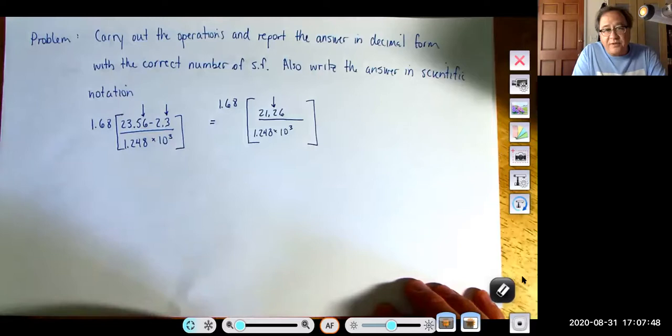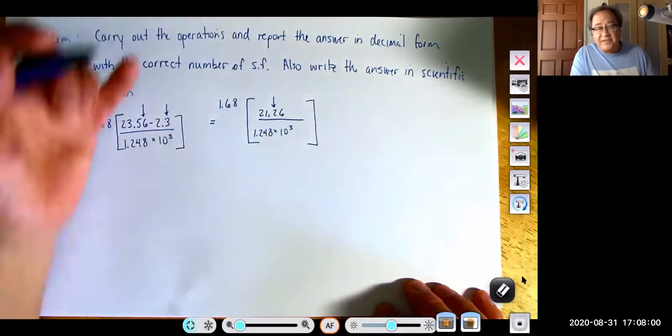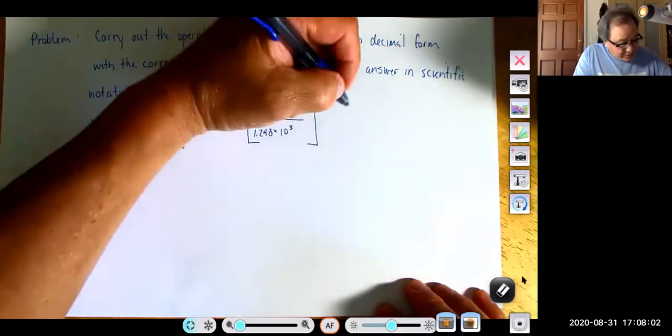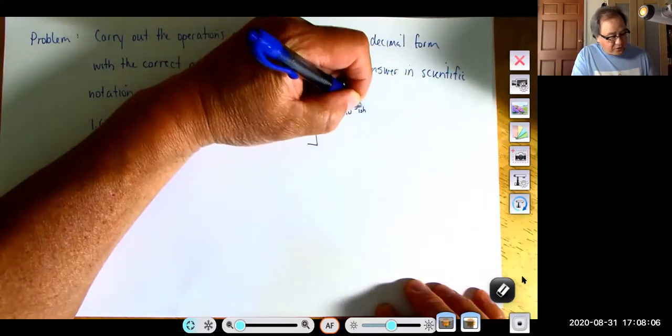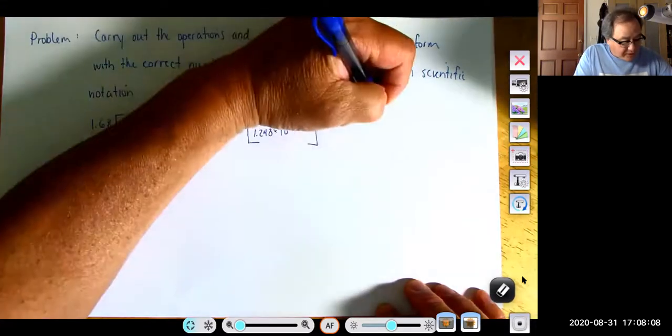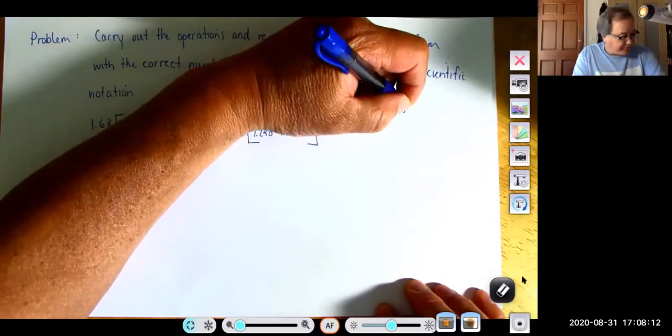So 1.3 times 21 is roughly 20 plus a third of 21, which is 7. So we'll call that 27. And the answer ends up being 27 times 10 to the minus 3-ish. Or we could write 0.0027-ish, if I've done that right.